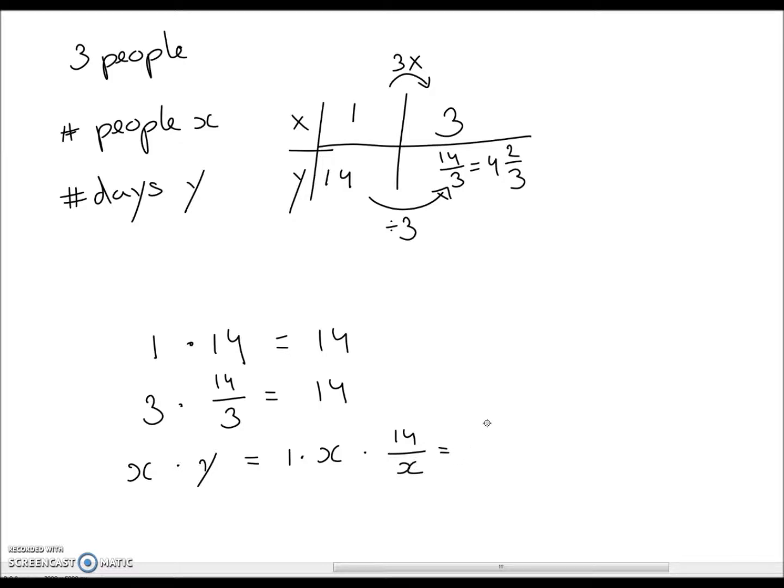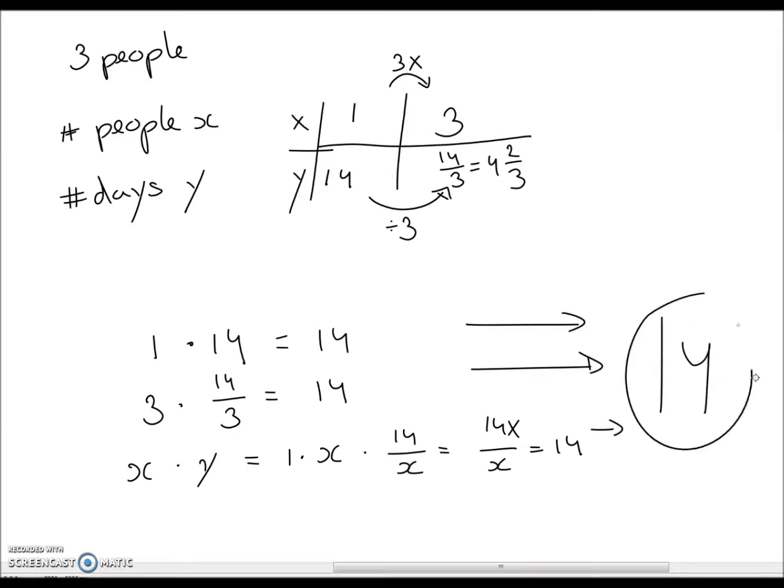Or 14x divided by x, or just 14. So no matter which values for x and y I take in this situation, because they're inversely proportional, the product of x and y is always 14.